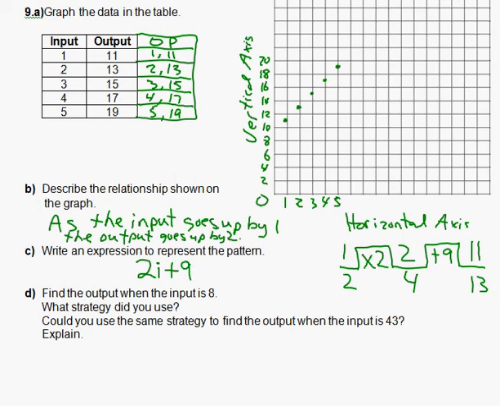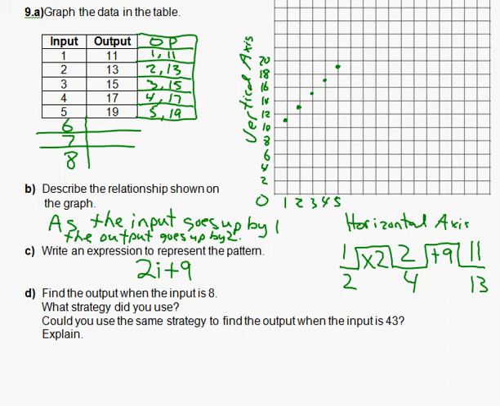Okay. Then part D says, find the output when the input is 8. What strategy did you use? Well, you could extend your chart. That wouldn't be that hard. If you had 6, 7, and 8, you extend it down there. And then you can look at the output numbers.